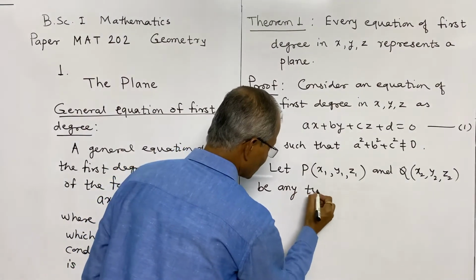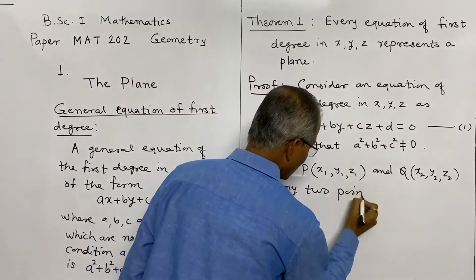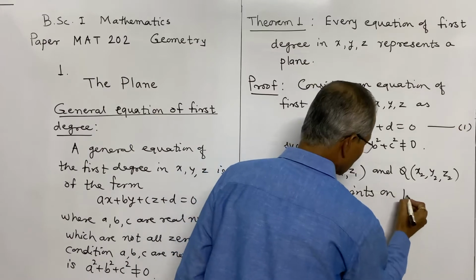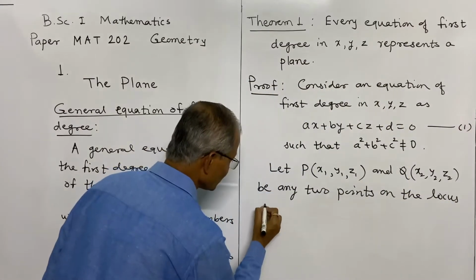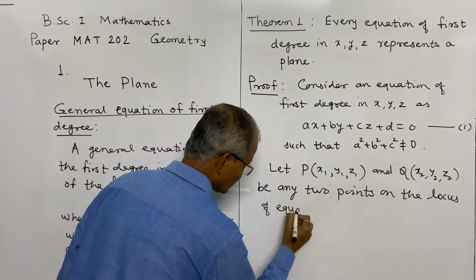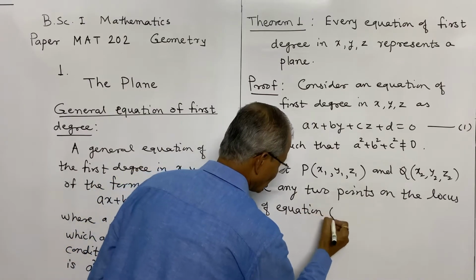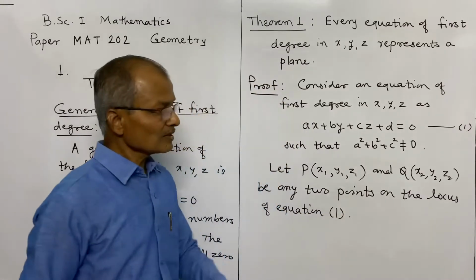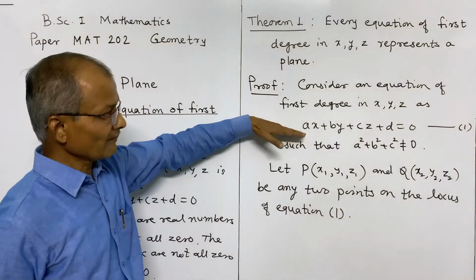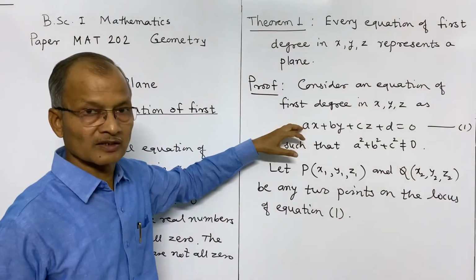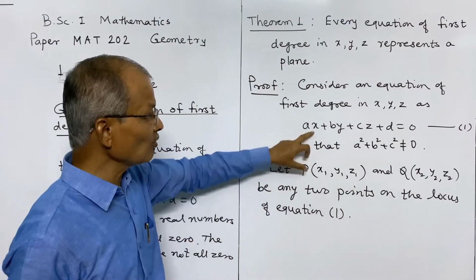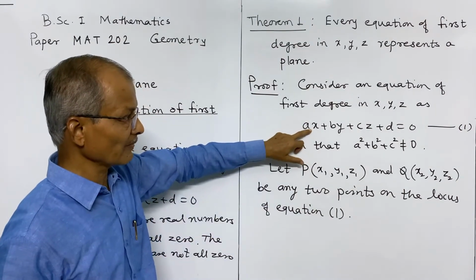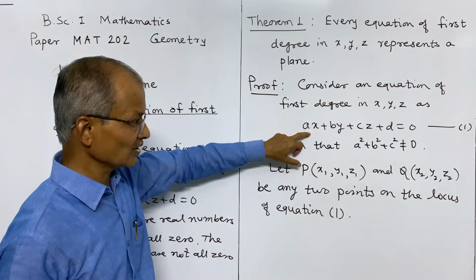Any 2 points on the locus of equation 1. Locus means a surface or set of points satisfying the given geometrical condition. That means these are the 2 points on the locus surface represented by this equation 1.